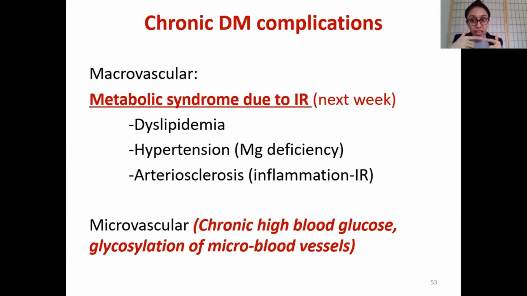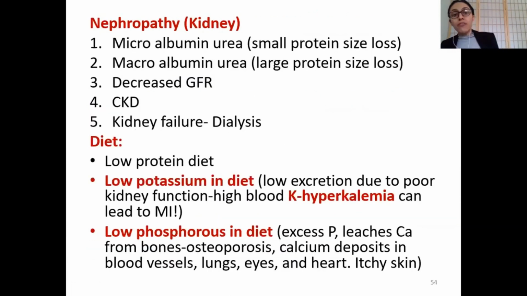If sepsis is not taken care of, that will go into gangrene, and gangrene may require amputations. Make sense? You see how all of this is connected? Okay, so now we'll go through various microvascular complications, but remember the underlying cause being glycosylation of your small blood vessels. The first microvascular complication which is seen in a diabetic individual is nephropathy.